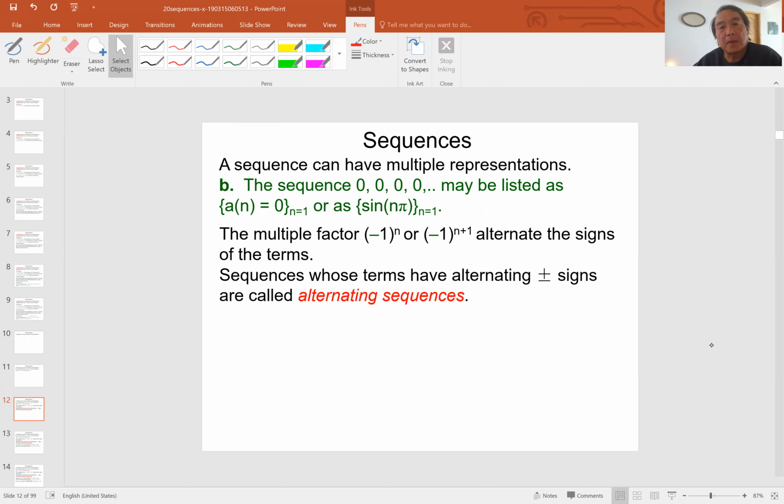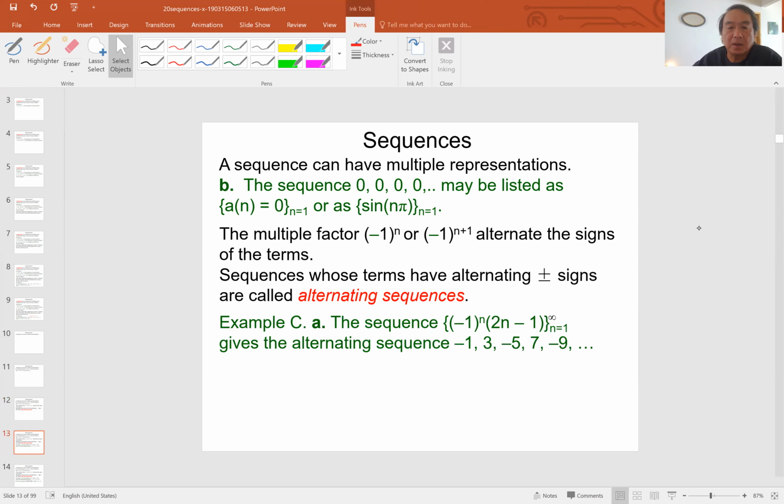In many sequences we have flip-flop signs. For instance, if we take the derivative of sine and cosine, the plus and minus flip-flop. So we will have sequences with flip-flop signs. We call those alternating sequences. Depending on whether the first term is positive or negative, and depending on where n starts, you have to choose one or the other.